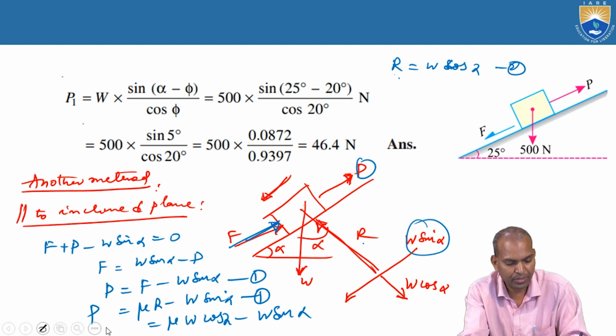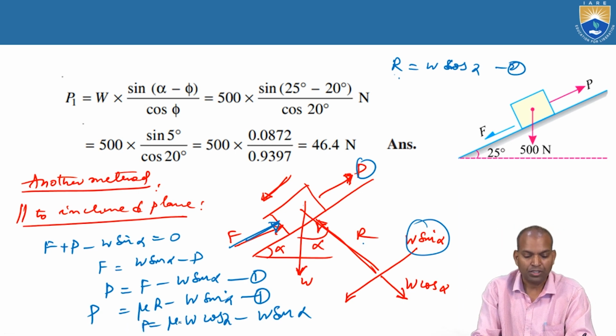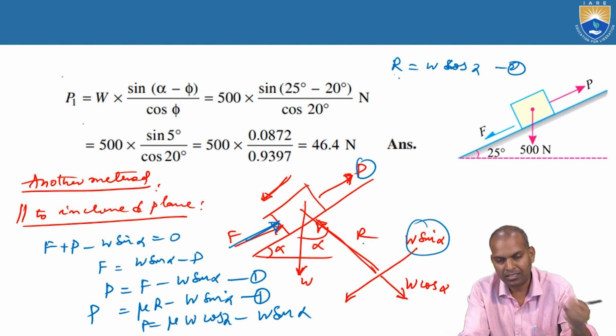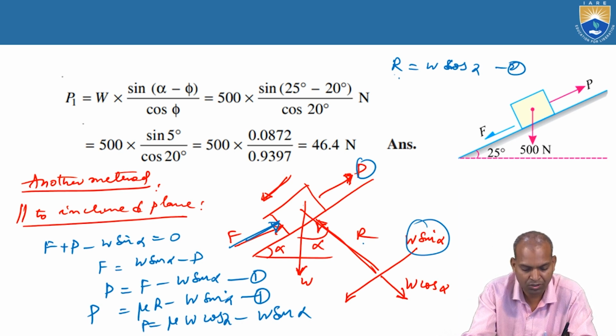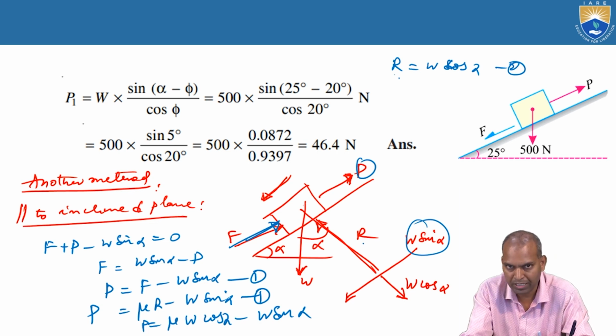Now this is P, the minimum effort. Substitute mu equal to tan phi. If we simplify further, we can derive that expression, or we can substitute the values of alpha directly.